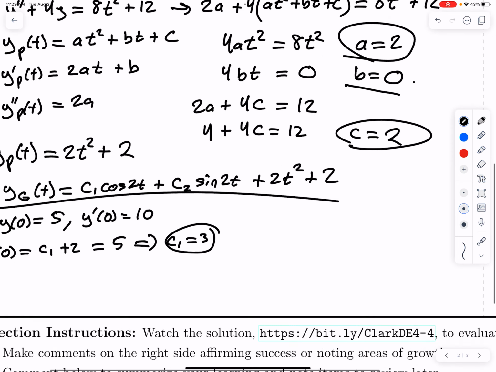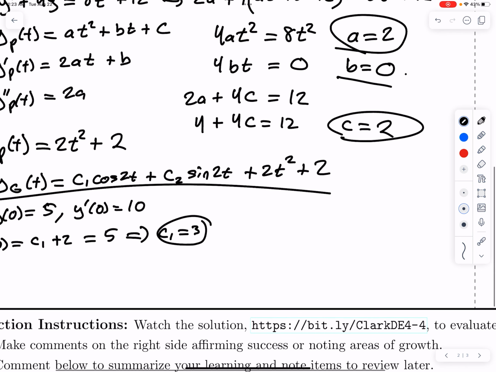Then if I look at the derivative and evaluate that at 0, what's y prime of 0? Well, the derivative of cosine will be negative sine, so when you plug in 0, you'll get 0 there. The derivative of sine will be cosine, so if I plug in 0, I'll get 1. So it's going to be 2c2.